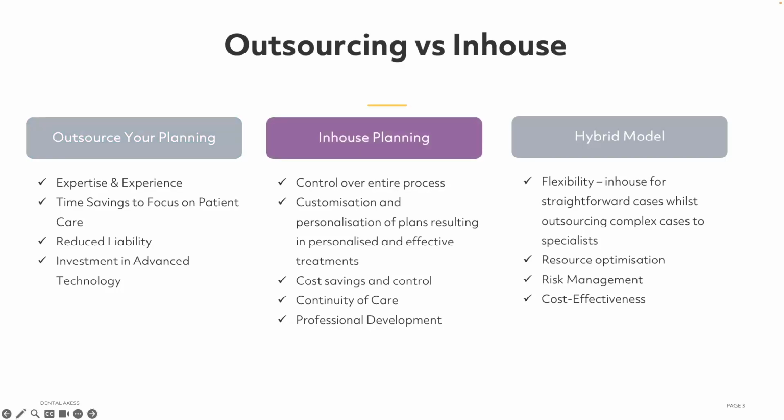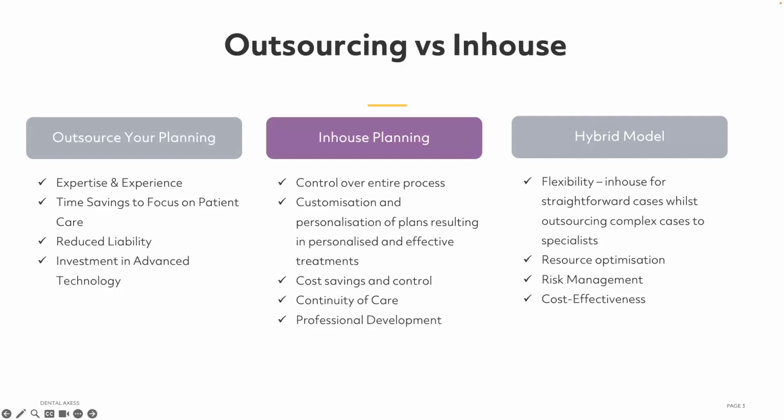Now, when we start looking at in-house planning, this method involves leveraging your internal expertise and resources to design clear aligner treatments yourself. Usually, we see a lot of our clients use in-house planning for routine cases of mild misalignment or minor crowding, and patients with straightforward treatment needs that you can easily fix yourself.